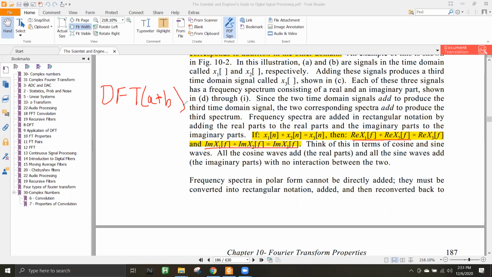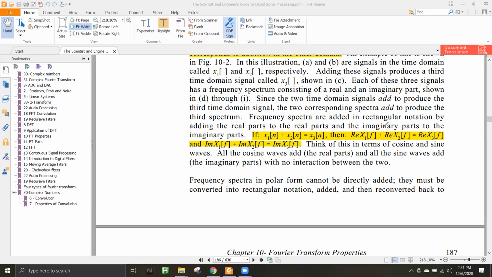That means A plus B, here A has RE and IM, B also has RE plus IM. So taking the DFT of a sum is equivalent to taking the summation of the real parts, which gives the real part of the result, and taking the summation of the imaginary parts, which gives the imaginary part of the result.